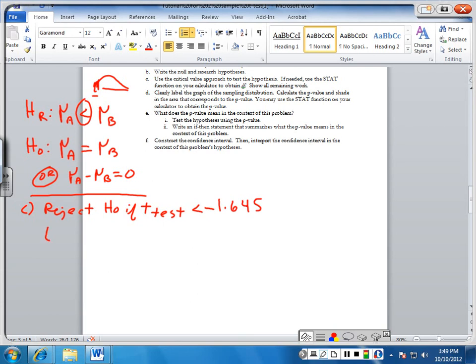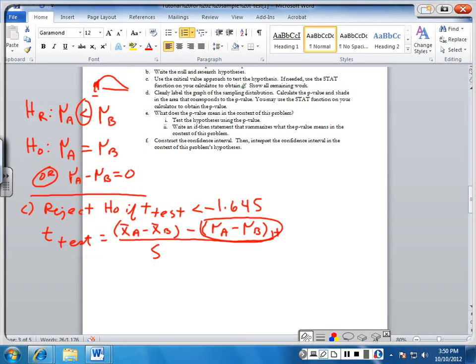And so the t-test is equal to the statistic minus the hypothesized parameter, which always, that part is going to turn out to be 0, at least in this class and most applications, divided by the standard error.